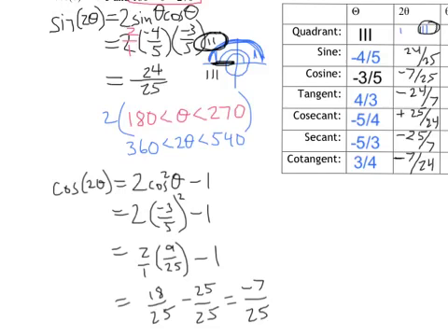One last thing I want to point out before we figure out what the half angle values are for this problem is the numbers, the numerators and denominators in this problem were 7 and 24 and 25. And I just want to point out that those are another Pythagorean triple, and they have to be. Sines, cosines, tangents, they can all be referred to a right triangle, and so they're always going to follow the Pythagorean theorem, that 7 squared plus 24 squared equals 25 squared.